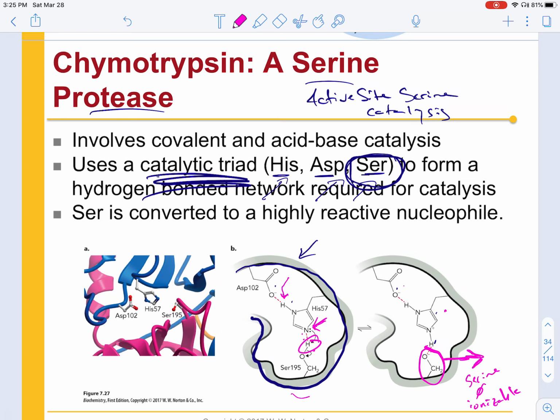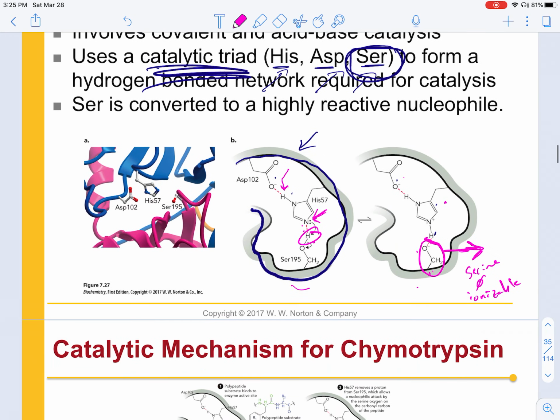So at the beginning of the activity of the enzyme, you have this oxygen anion attached to the active site of chymotrypsin, simply waiting for the substrate to bind so it can do what it does.